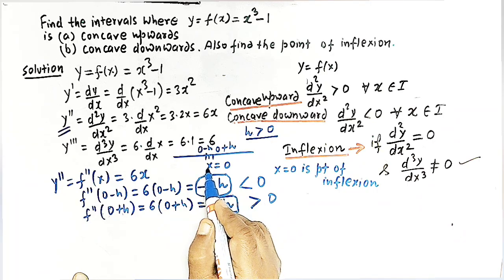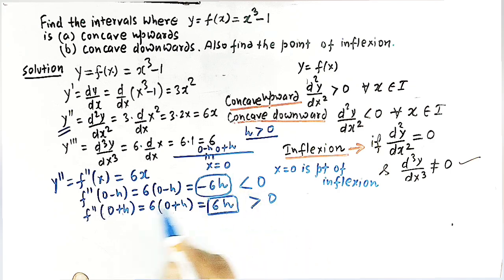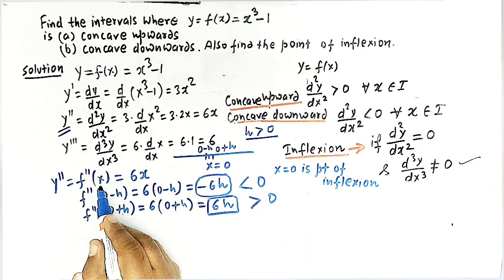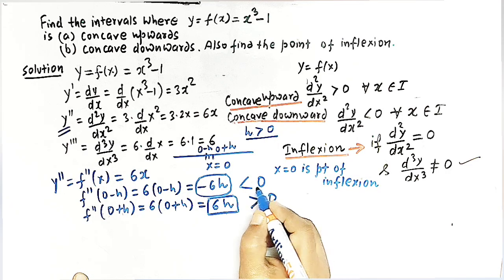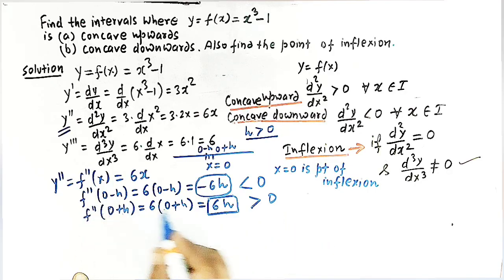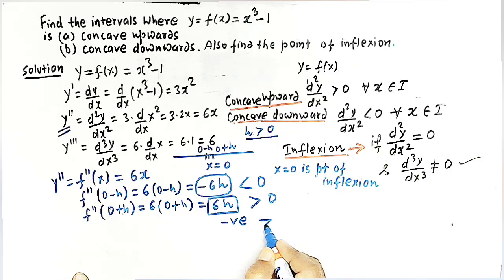So when we go from this point to this point through x is equal to 0, the second derivative, that is f double prime of x, changes sign from negative to positive, right?